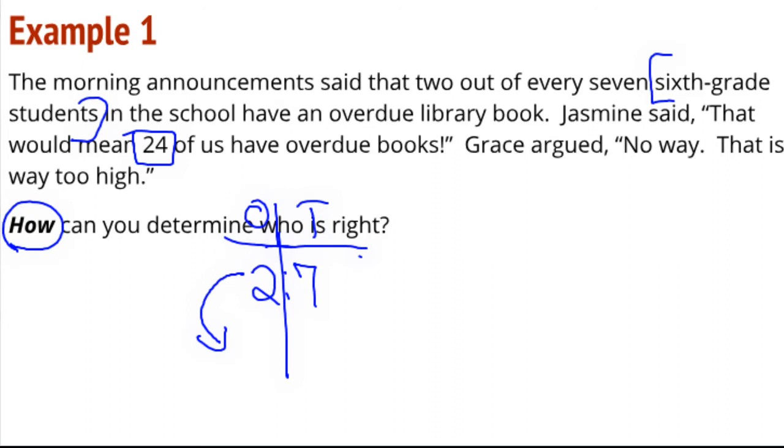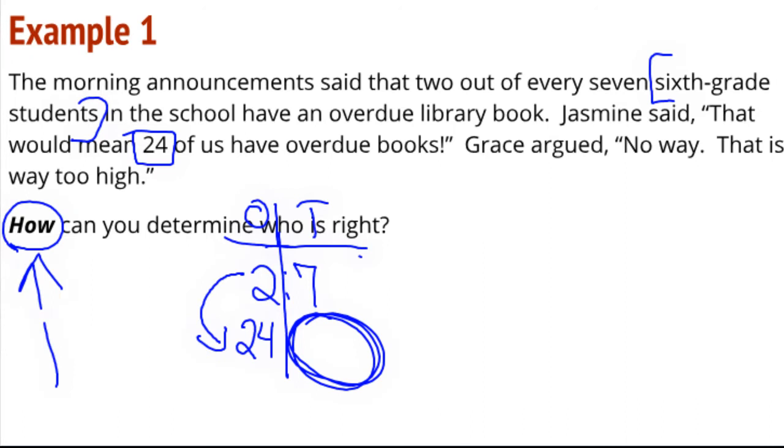To answer this question, we're going to have to know some information. We know that Jasmine is arguing that 24 have overdue library books, but we don't really have enough information to know whether or not Jasmine is correct or Grace is correct. What we don't know is the total number of students. To make a determination, how can we determine who is right?